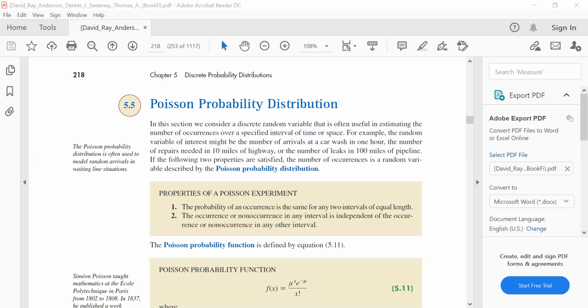If the average number of occurrences for a given interval is known, then by using the Poisson probability distribution, we can compute the probability of a certain number of occurrences in that interval.